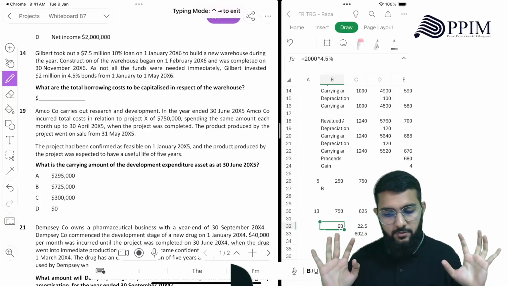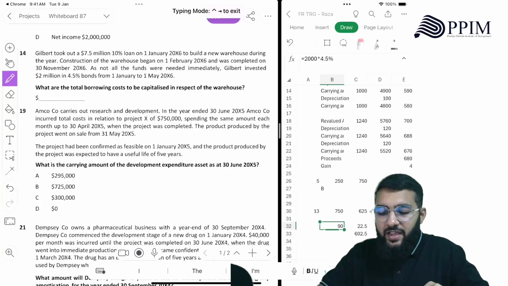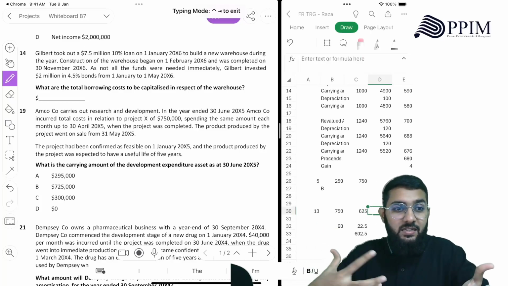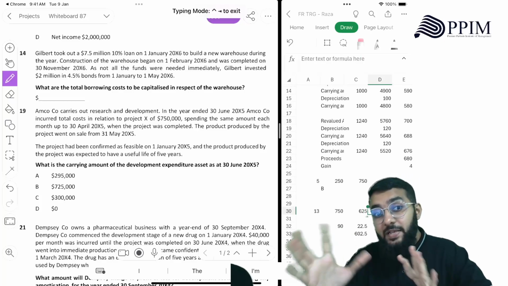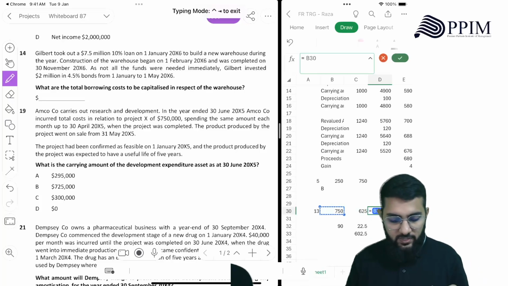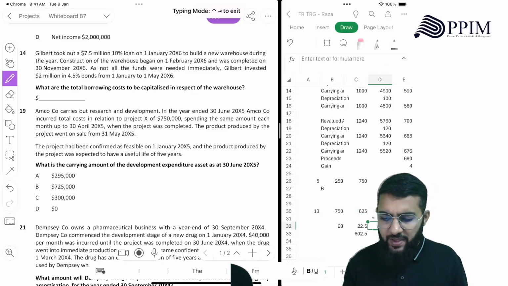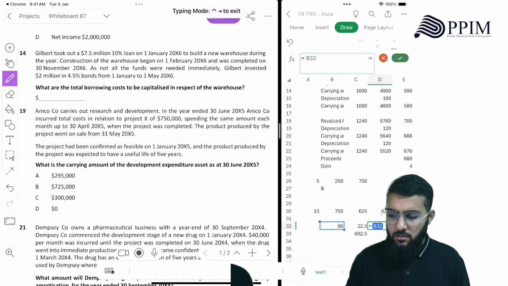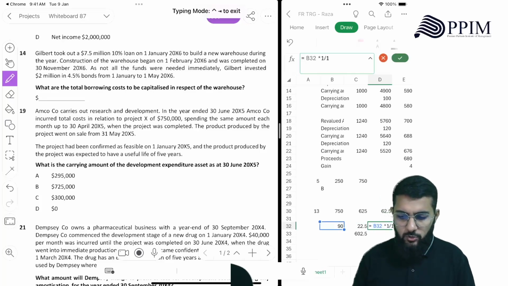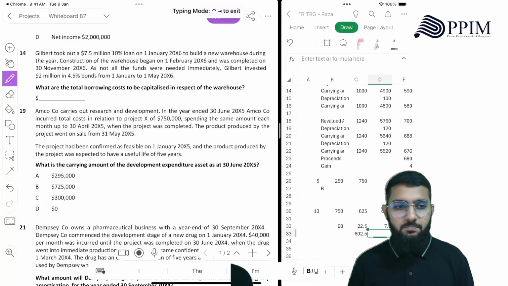Clear? Is that clear? Otherwise, out of this, if they had asked you what is going to be the income and expense, that's the non-capitalization portion, then you know that 1 month of this into 1 over 12, this needs to be expense and into 1 over 12, this needs to be recognized as income.